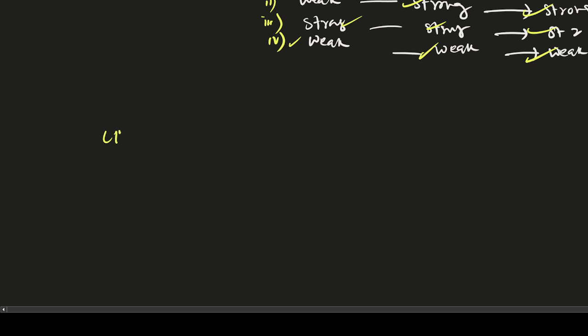So let's take CH3COOH. This is a weak electrolyte because both CH3COO minus and H plus are weak.